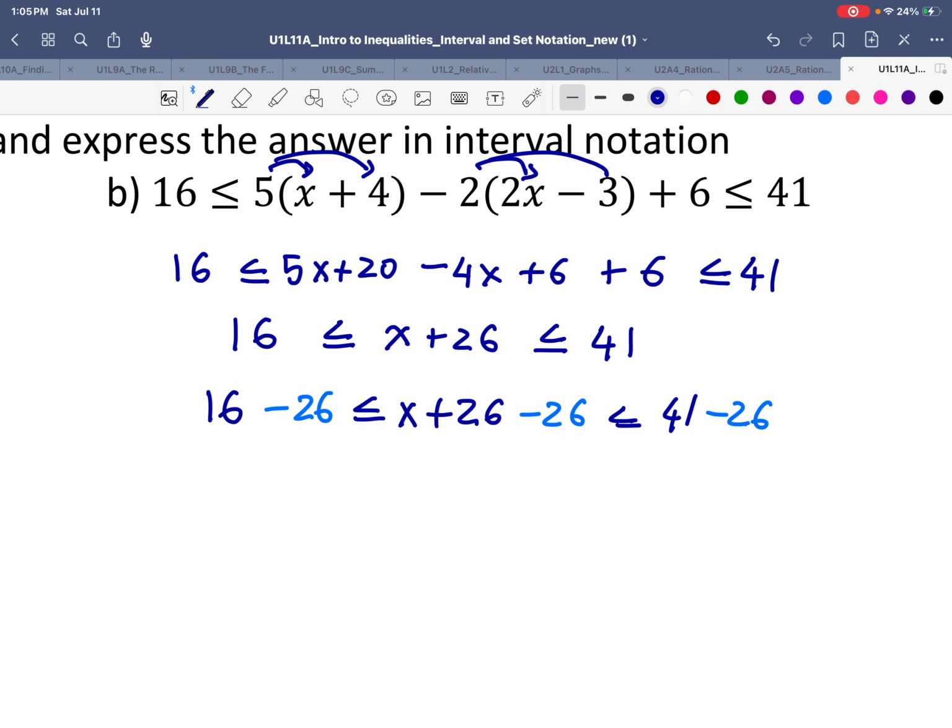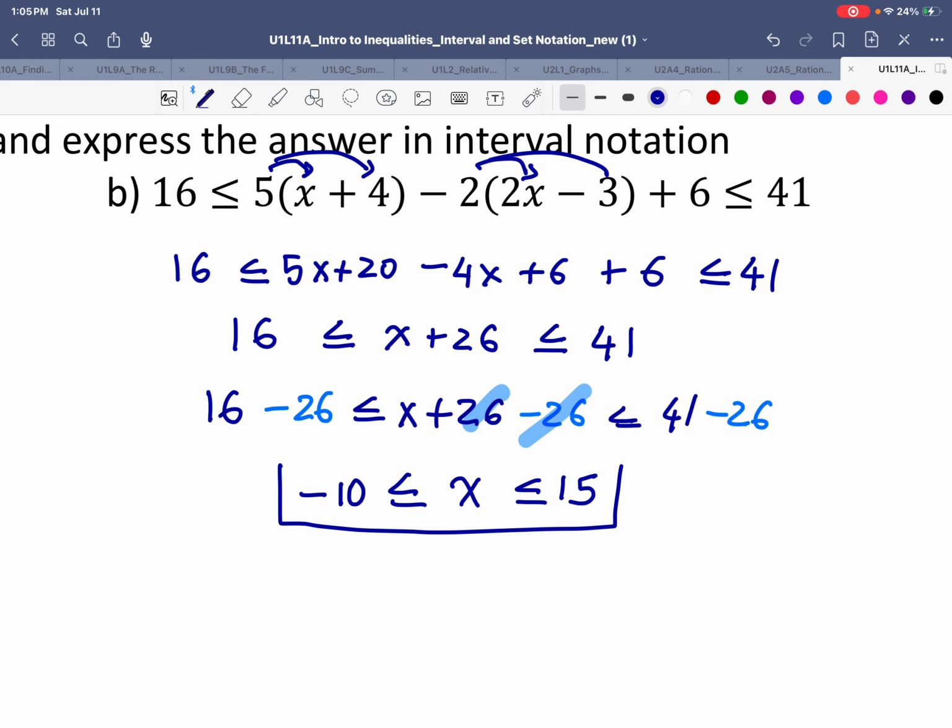And look at what happens now. These two will simplify. We have x on its own. 16 minus 26 will be equal to negative 10. And 41 minus 26 will be equal to 15. So as you can see, here goes our solution exactly in set notation.